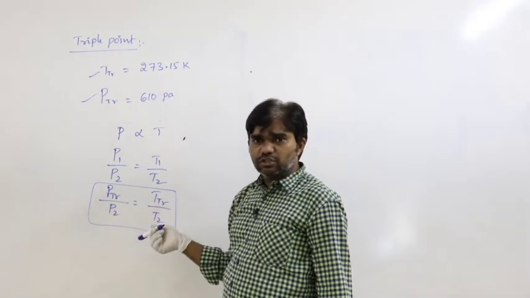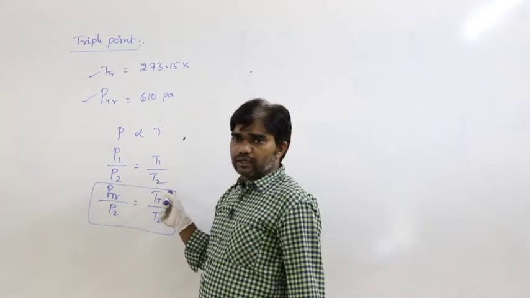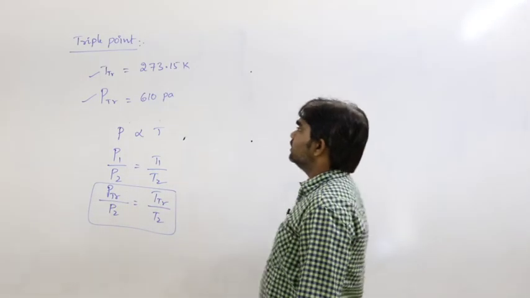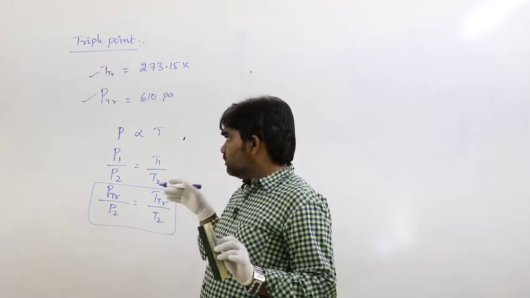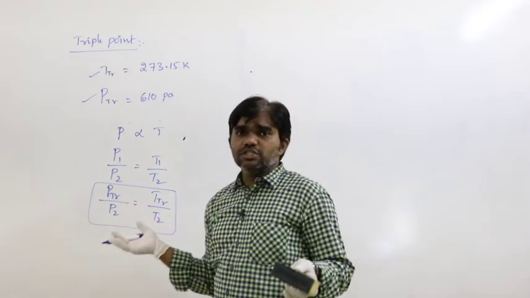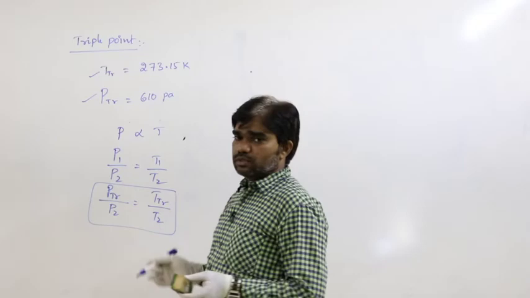If you know P2, we can calculate T2, or if you know T2, we can calculate P2. So this is the triple point of water, and thermometers are also based on this, triple point of water thermometers.